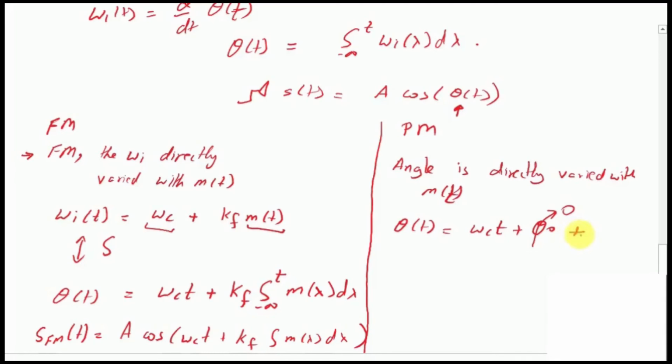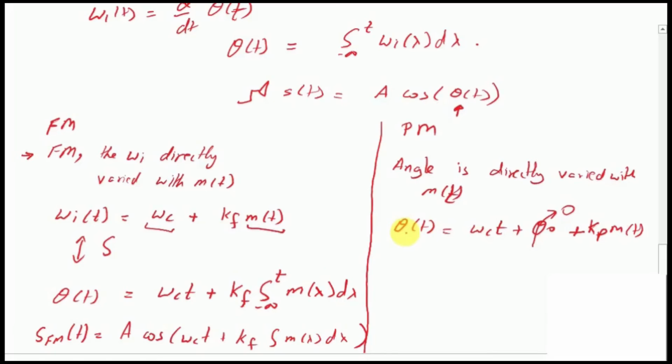But what we are doing is we are directly changing the phase. We are adding something over here. So this is something which relates to the change in phase, and then we are multiplying it with a constant kp, right? So the message signal directly changes the phase of the modulated signal.